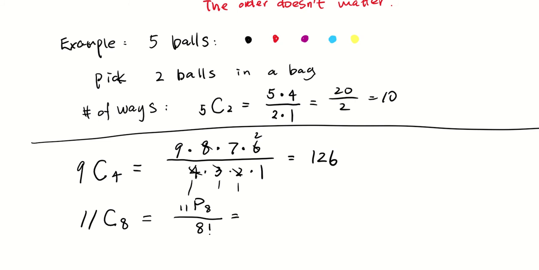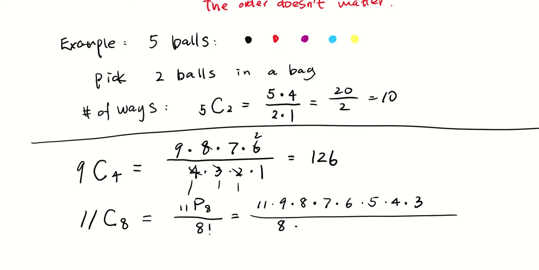So you will have 11 times 10 times 9 times 8 times 7 times 6 times 5. How many do I have? 1, 2, 3, 4, 5, 6. 2 more. Times 4 times 3. So on top is the permutation of choosing 8 out of 11, divided by 8 factorial, so 8 times 7 times 6 times 5 times 4 times 3 times 2 times 1.